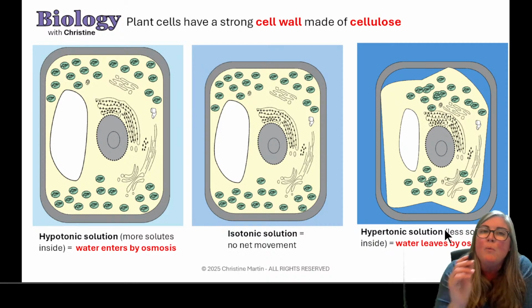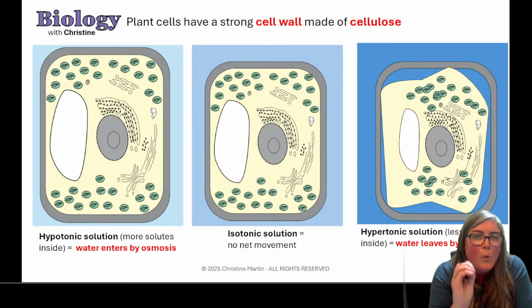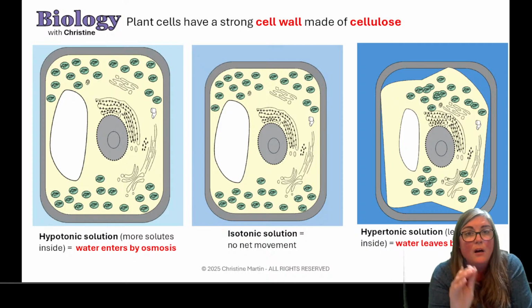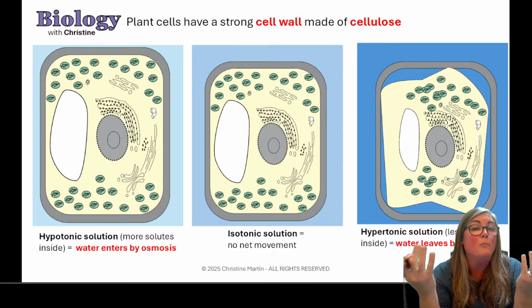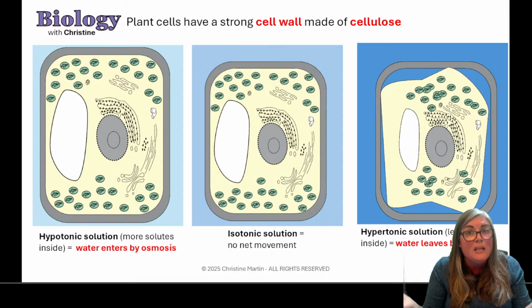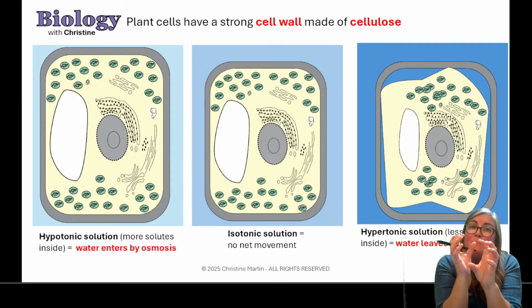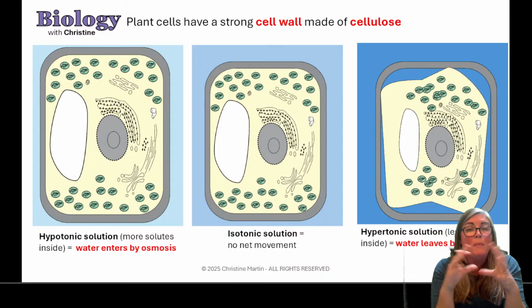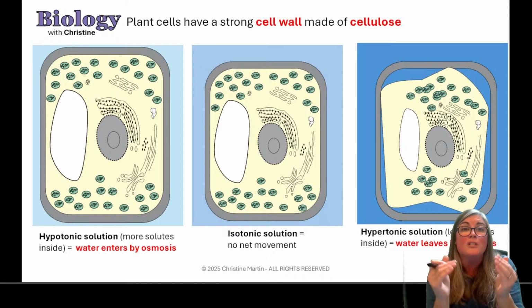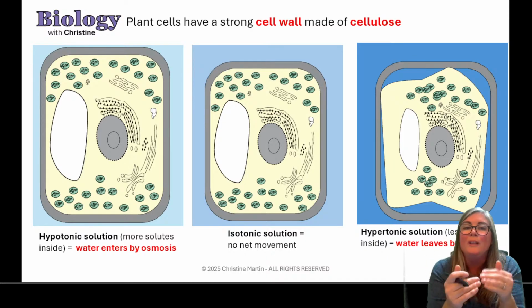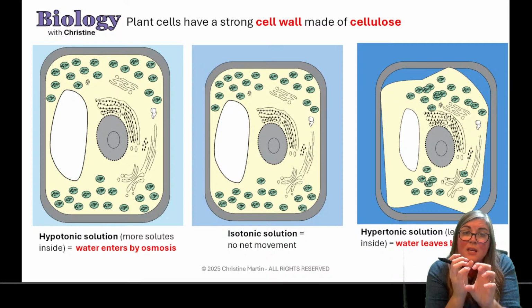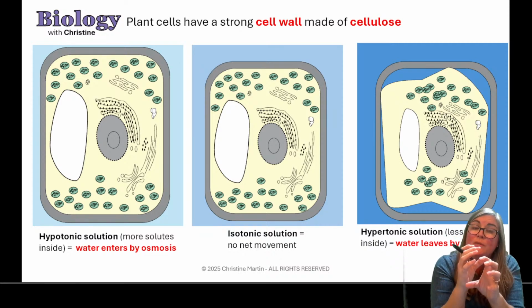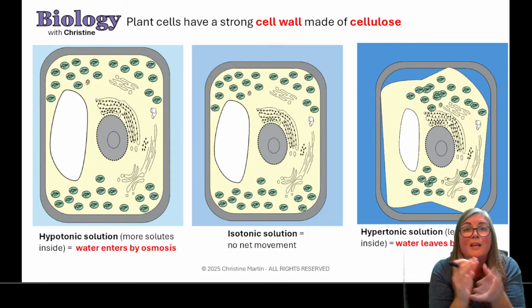So water will leave, and what you can see in this picture, and this is one that always throws students whenever they are given it in the exam, because the cytoplasm is being reduced because the water is leaving, that causes the membrane to pull closer together, because remember, the membrane is what surrounds the cytoplasm. If you've got less cytoplasm, that membrane is going to move with the loss of the water and become smaller and shrink, and so it pulls away from the cell wall.